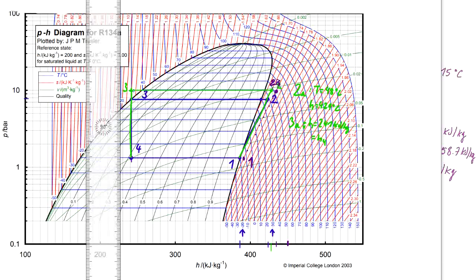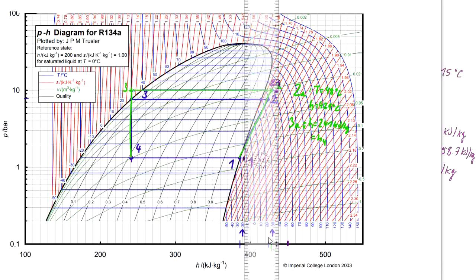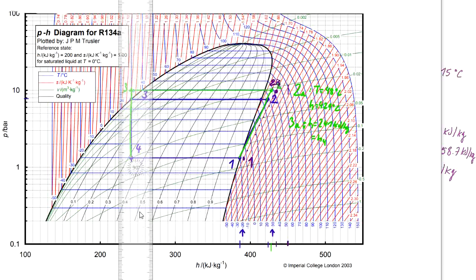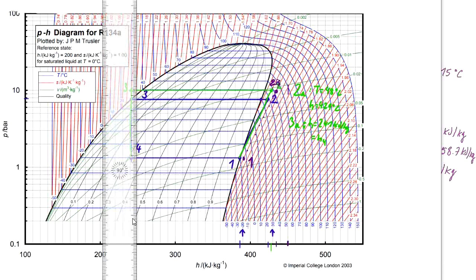So it's over here. And the point after the compression will be intersection of the enthalpy 450 and the condensing pressure.